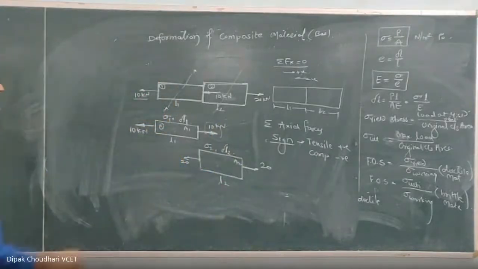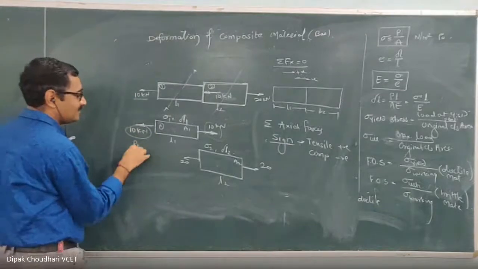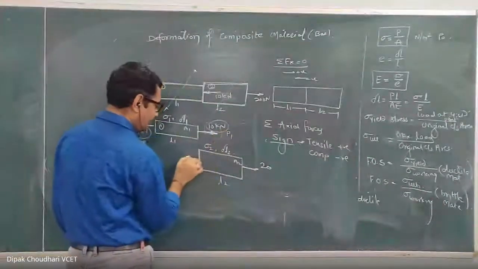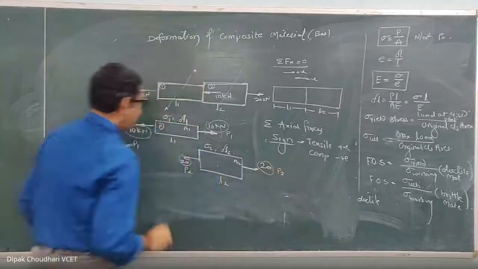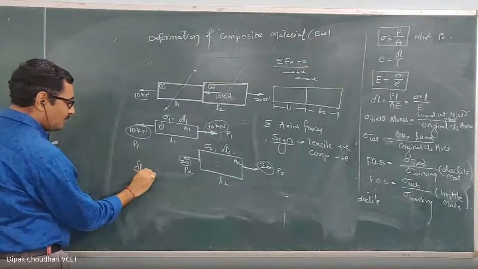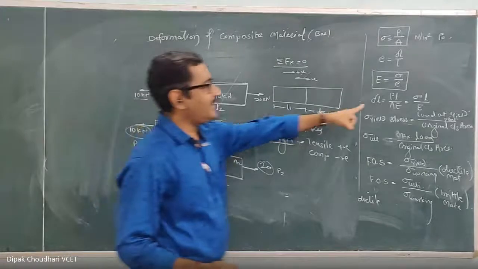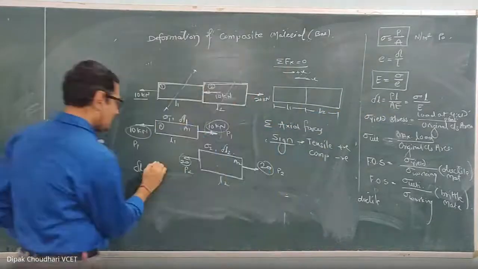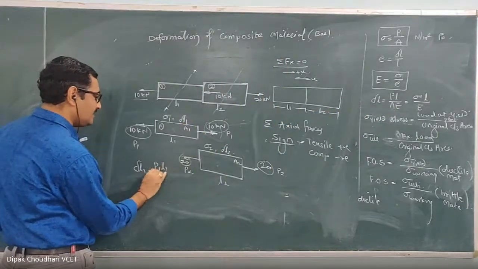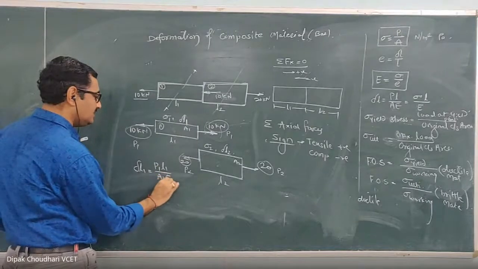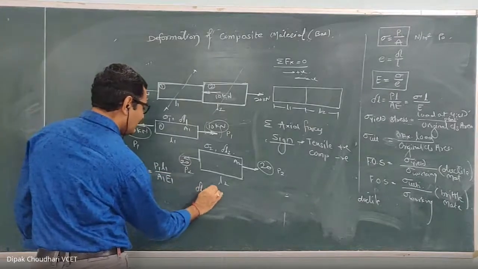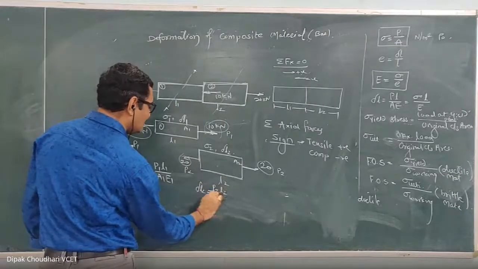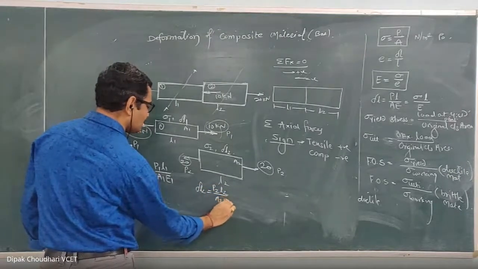Okay, so if I say this has a P1 and if I say this has a P2, then this delta L1, deformation of this part 1, can be calculated by using this formula. Here it is P1 L1 upon A1 E1, and delta L2 can be written as P2 L2 upon A2 E2.